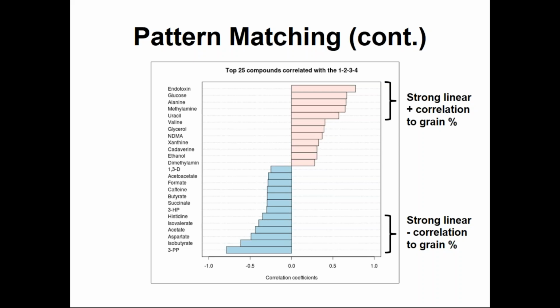On the other hand, if you recall, the 3-phenylpropionic acid, which is at the bottom in blue, has exactly the opposite trend. Instead of going up, it has a slope of -1. And it has a correlation coefficient of minus about 0.8.